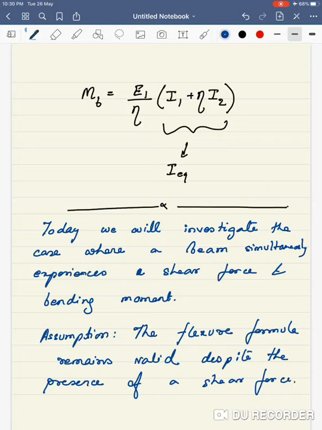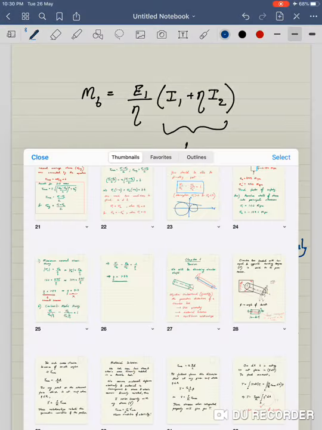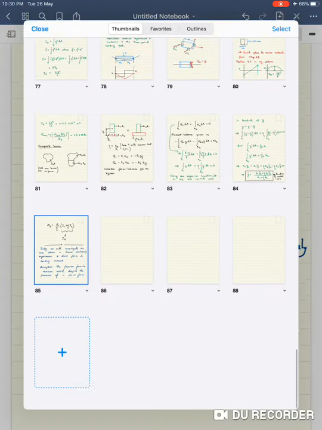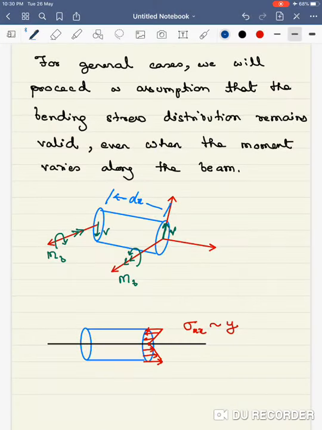Okay, now the next step is to draw a beam with a shear force and bending moment. I do not want to do that again because I think I have done it previously. Right here. Okay, so I will just take this.